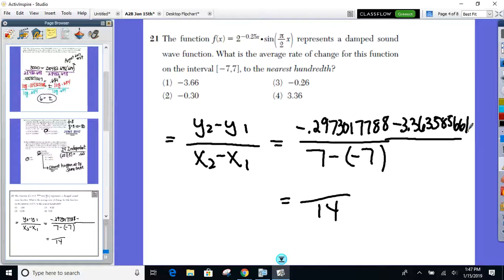Okay, now it's all about figuring out, to the nearest hundredth, what the average rate of change is. Then what do we add? Choice. Yep, negative 0.26.